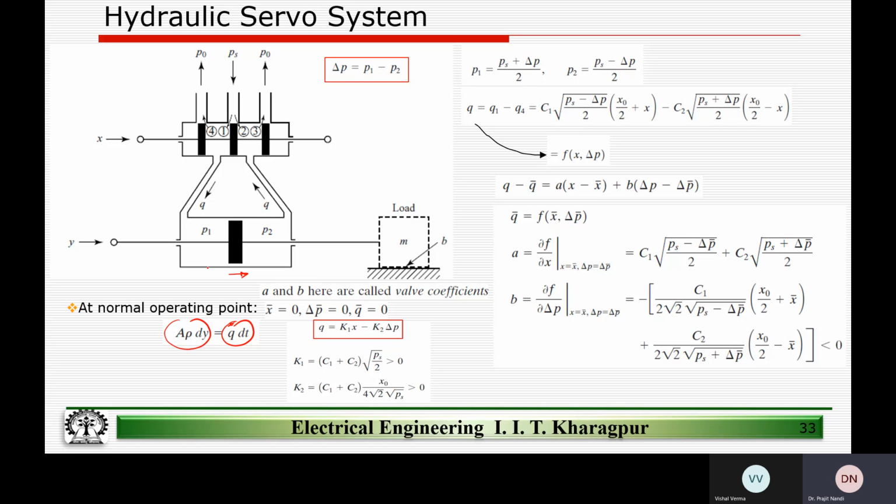So now we have this, and we had derived this, right? What we have to do is get rid of Q, because finally we have to establish a relation between X and Y, and slowly we are proceeding towards that, right? Q is nothing but A rho dy/dt.